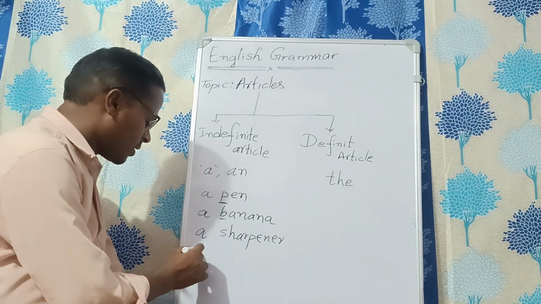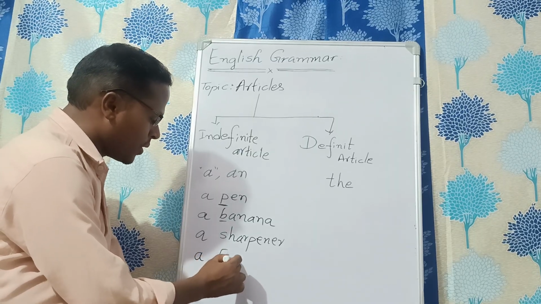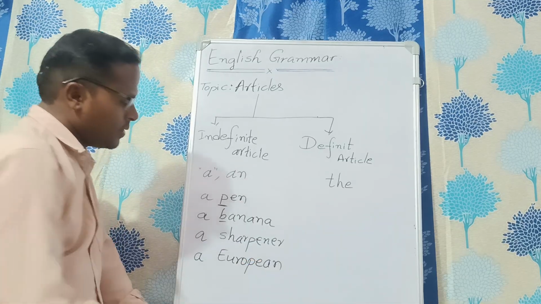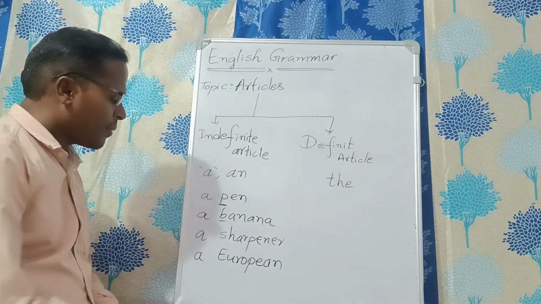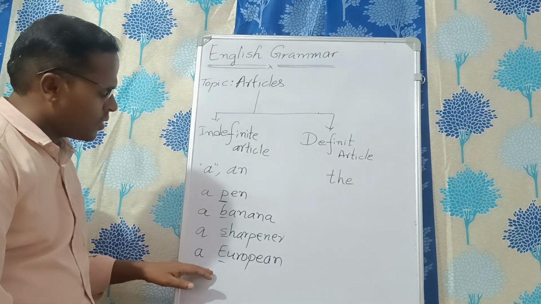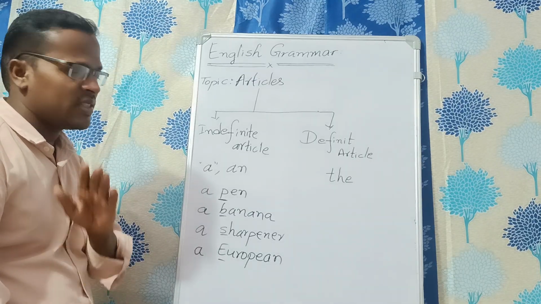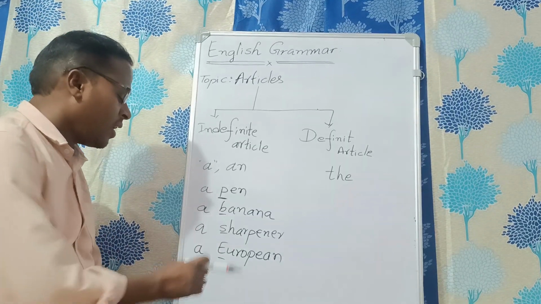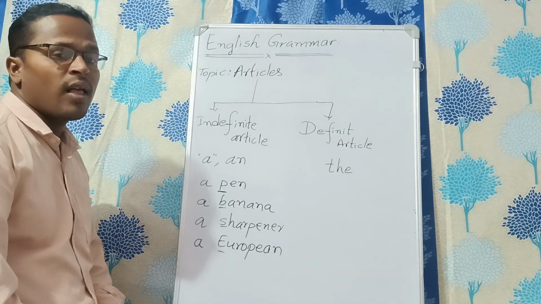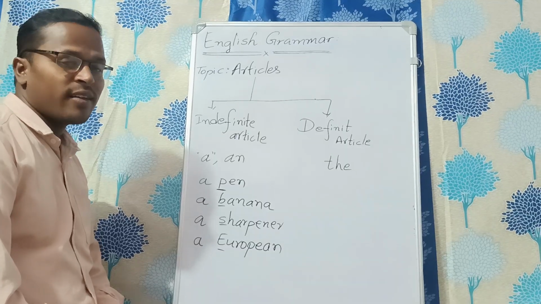Let us discuss one more example: European. Generally most people think that "a" is used before a consonant letter. That is 100% wrong. According to the definition, "a" is used before a singular common noun beginning with a consonant sound.